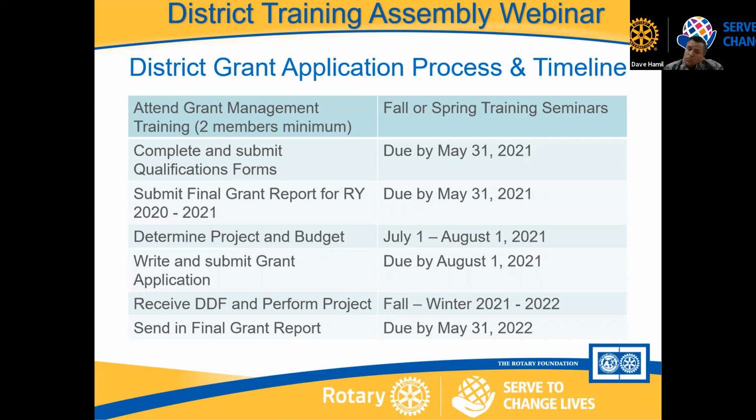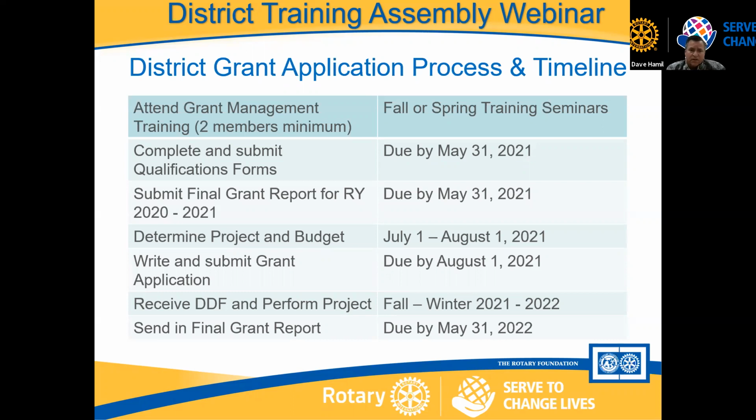Then the other thing we should be starting to do is thinking about what kind of project or projects the club would like to do next year, and what the budget is for that. The budget is probably going to be driven by the allocation, but you're certainly able to go beyond what you've been allocated.